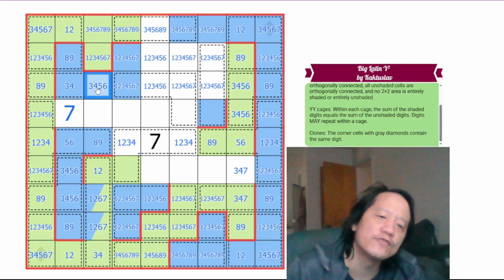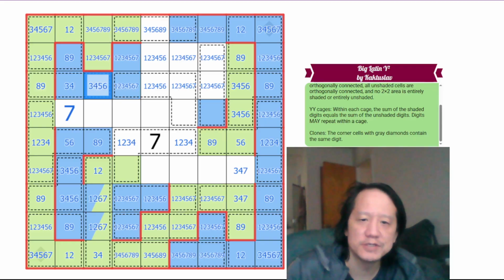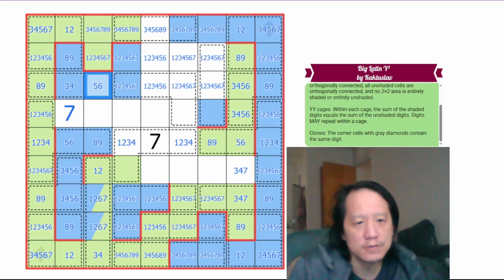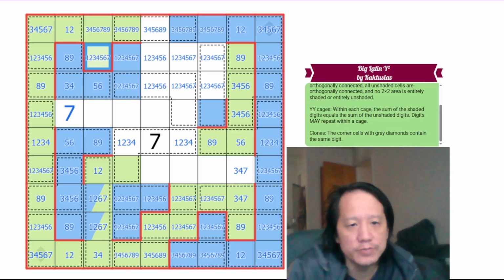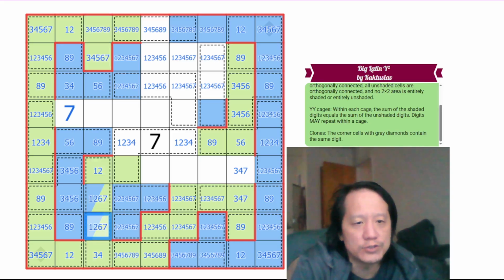It cannot be 3 or 4 here, because if it is 3 or 4, that would add up to 7. So this has to be 5 or 6 here. This can't be 1 or 2 because of the 1, 2, 3 or 1, 2, 4 triplet here to add up to 6 or 7.